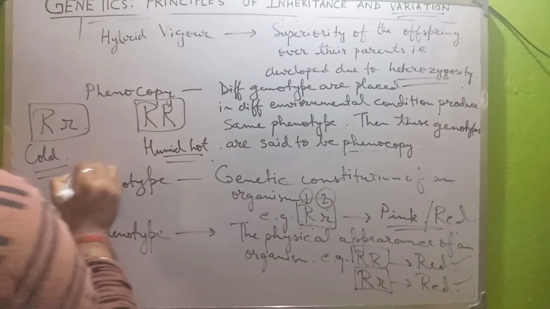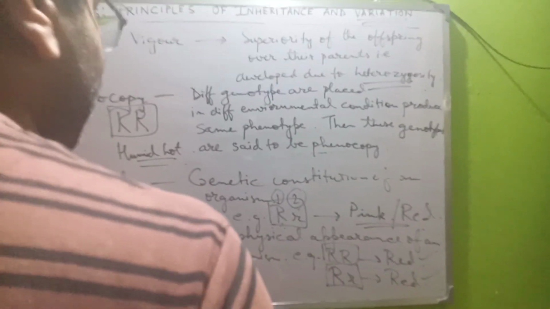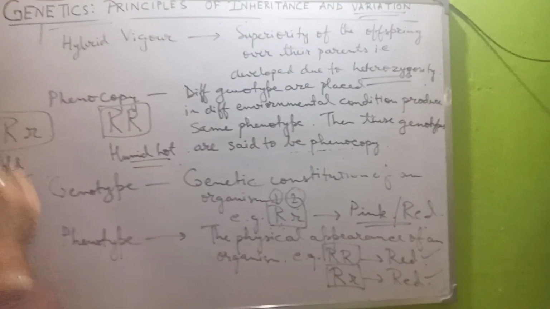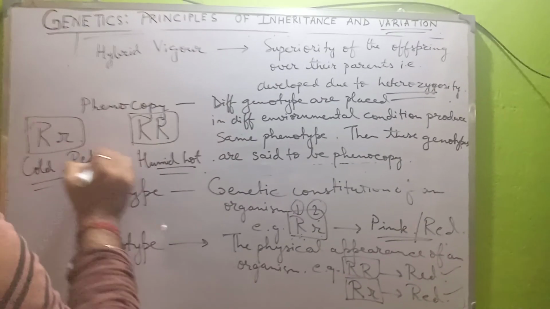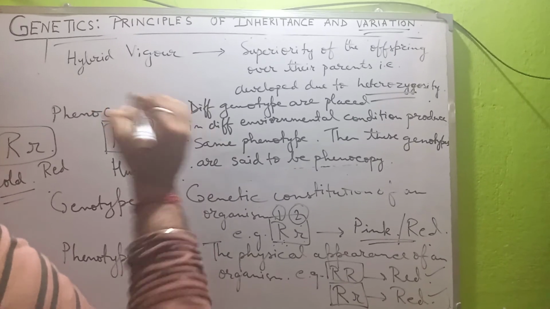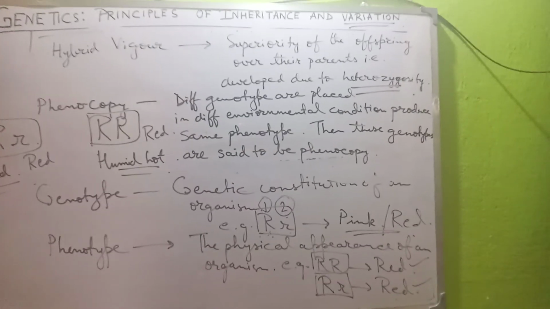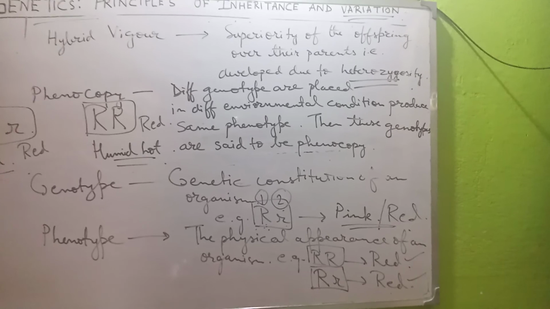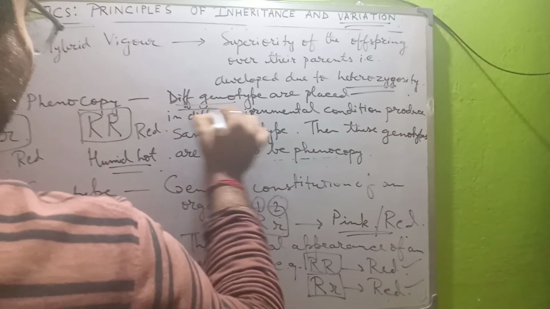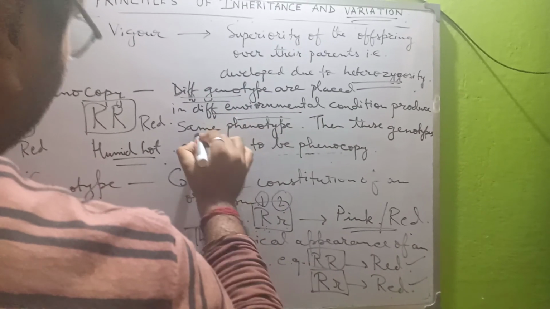But the phenotype that I will be getting from them will be the same. Both will be having red color appearance or red color flowers. So this is what phenocopy is. The only thing is different genotype, different environmental condition, but same phenotype.